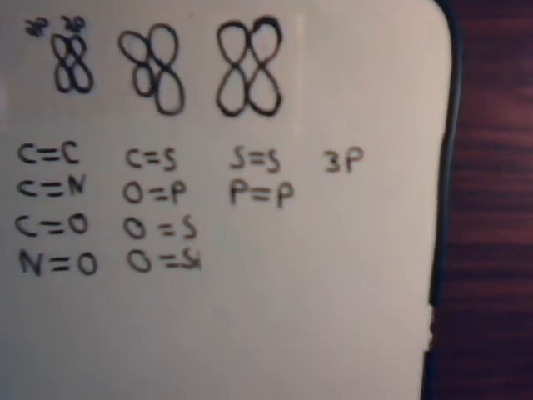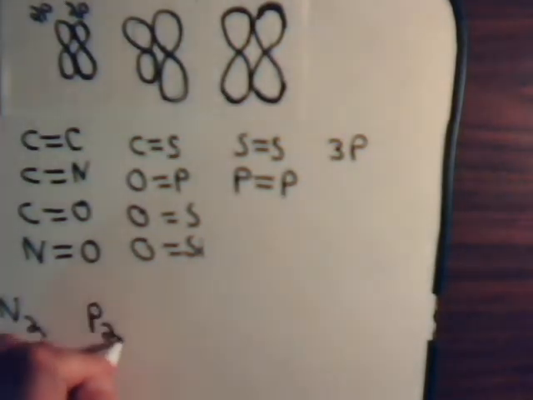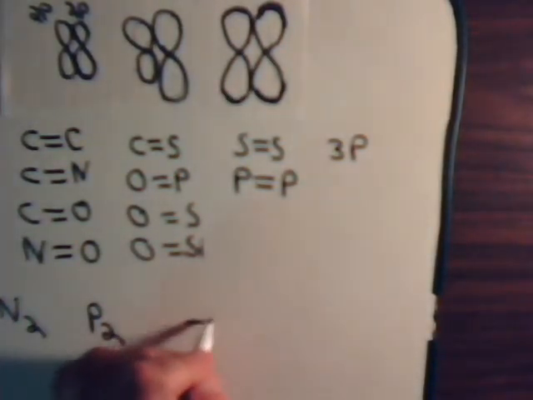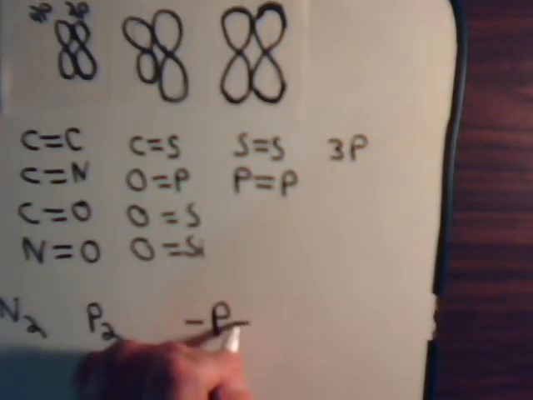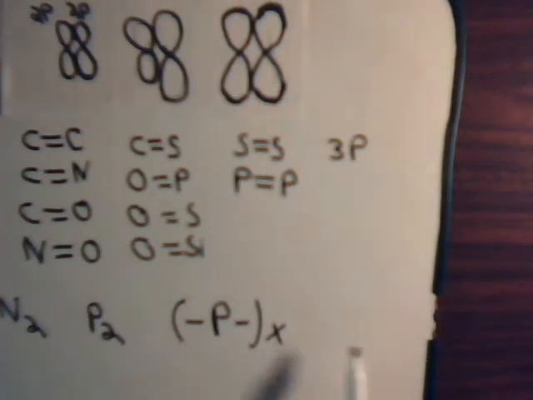For example, we have diatomic nitrogen, but typically not diatomic phosphorus. Instead, you have two single bonds, and these might link together to give us a whole polymer like that.